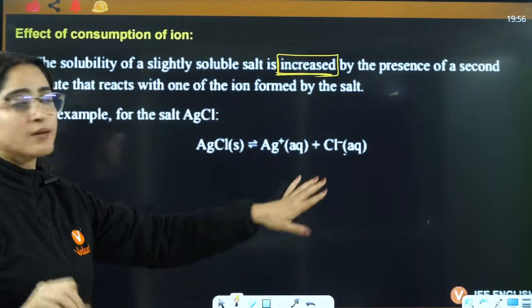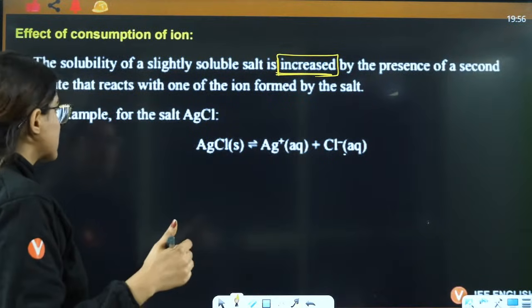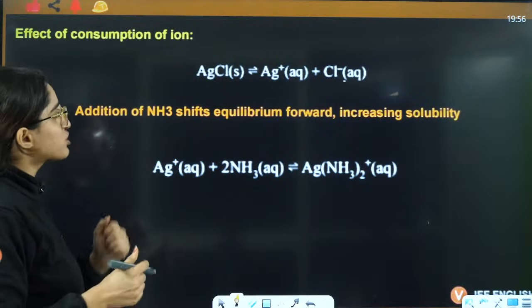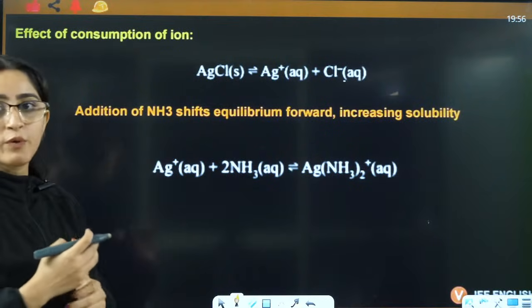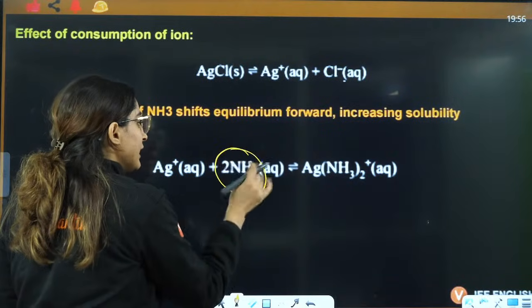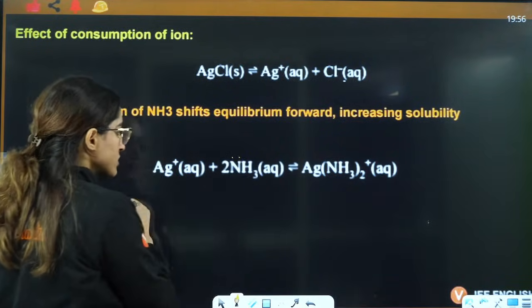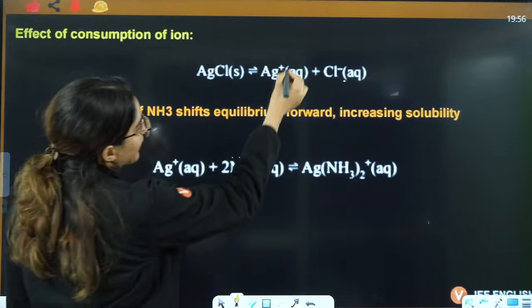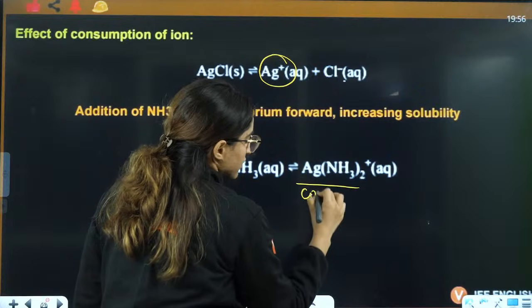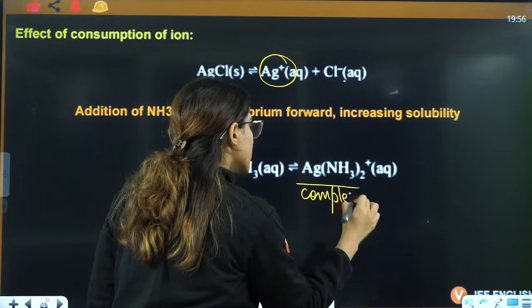So we can say that if the concentration of one of the ions decreases because it is being eaten up by someone else, solubility is increased. So addition of NH3 shifts the equilibrium forward. Why so? Because NH3 has a lone pair of electrons. It will eat up Ag+ and form a complex here. And complexes are stable.